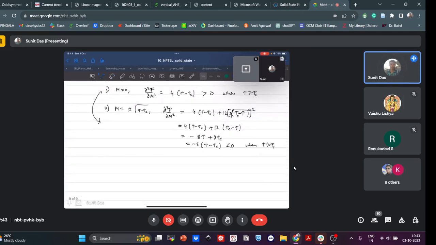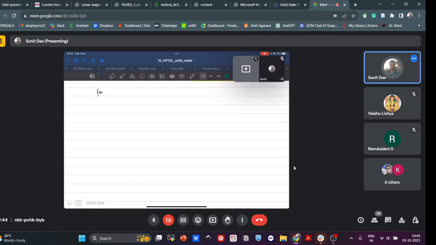So there are two different conditions, of positivity and negativity. For T greater than Tc, for m equal to 0, this becomes positive. For T greater than Tc, the second option of m gives rise to negative. And for minima, we know the second derivative becomes positive.